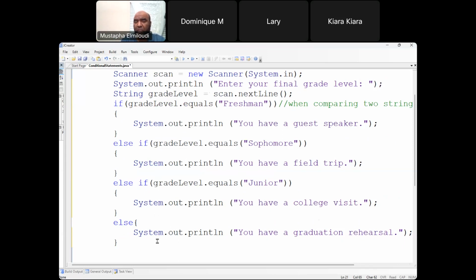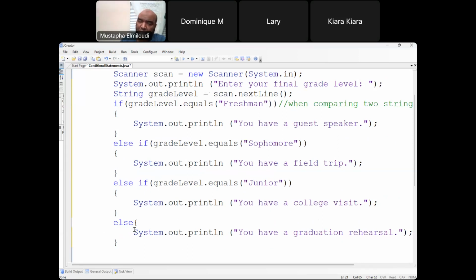That means you can stop at else if and you don't mention everything. But we usually end with else just to make sure that if none of the above, then the program has to answer something. Or you can put else for an invalid entry. You can say else, then you can say invalid entry, try again.